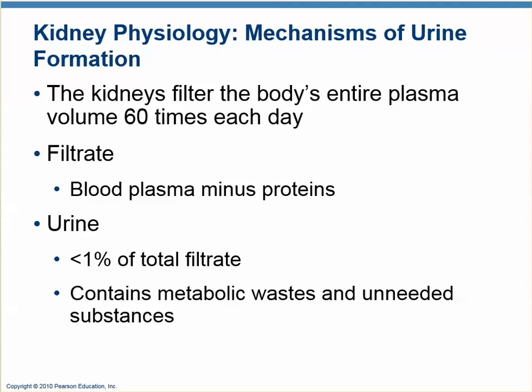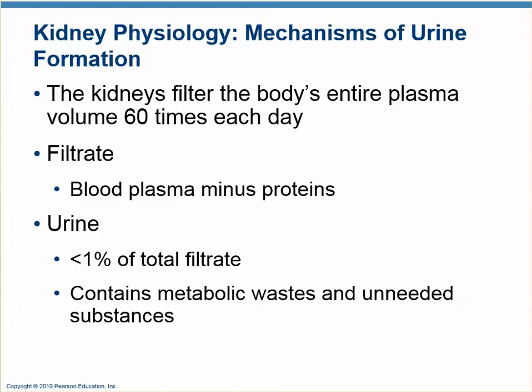We produce 180 liters of filtrate in the course of a day. And when you think about that, there's only 5 liters of blood, and somehow we filter it enough times that we produce 180 liters of filtrate, which is about 45 gallons. It's the size of a big oil drum. And we produce a liter, a liter and a half of urine.